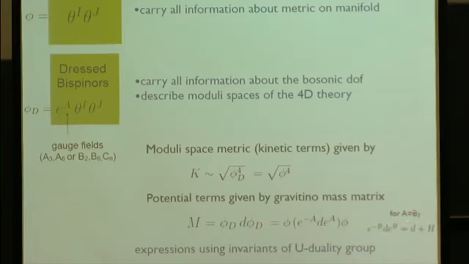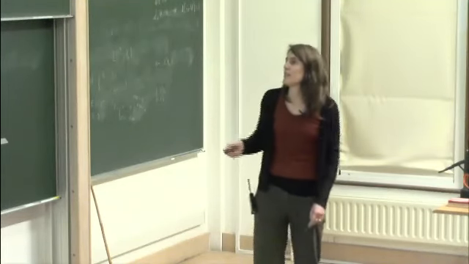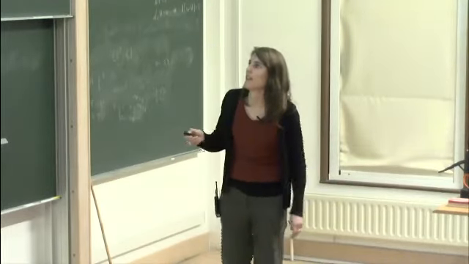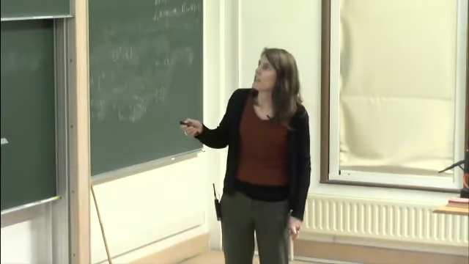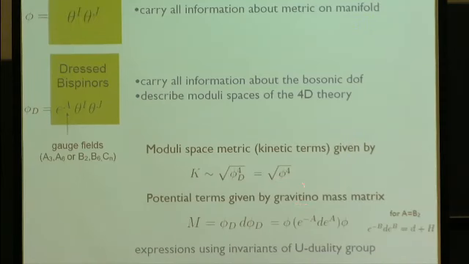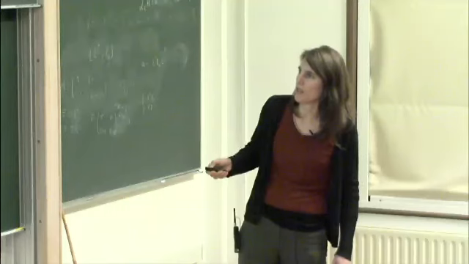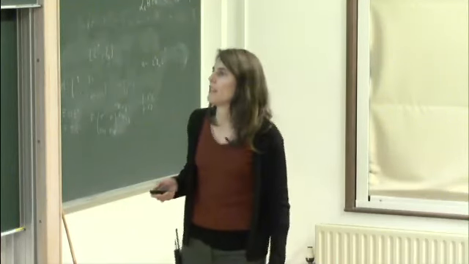For example, for the case of A being B2, e to the minus B, d e to the B is this twisted d plus H. And this happens in all the examples that we checked, and I think this is a generic phenomenon. If there's some invariant function, then this is a quartic invariant of the U-duality group, and then the mass matrix is given by some invariant, but now here I can undress the spinors, and here I cannot because there is this derivative operator, but they're always given by things like this.